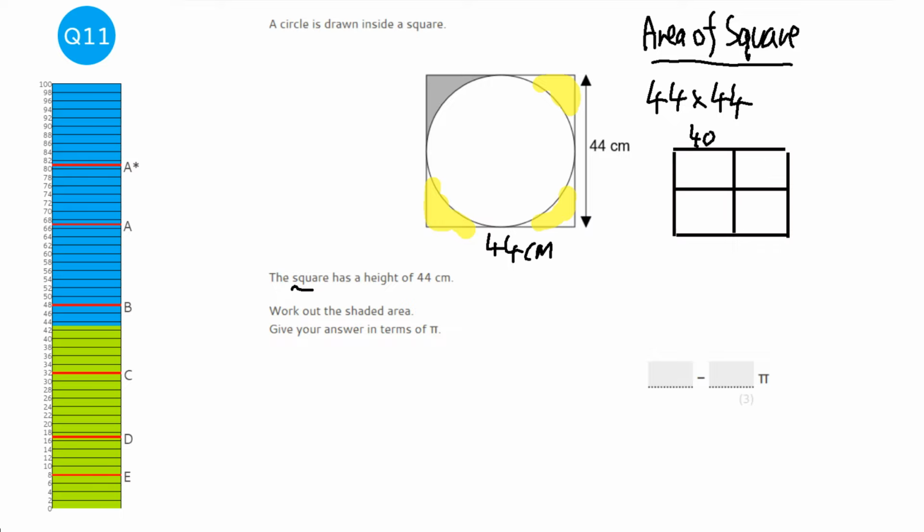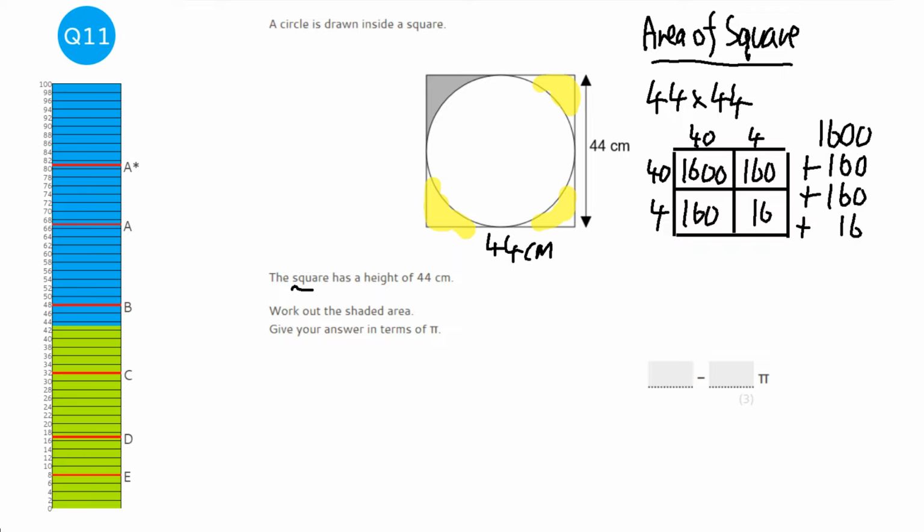So 44 times 44. 4 times 4 is 16. That's therefore going to be 160. That's also going to be 160. And that's going to be 16 with 2 zeros. When we add those together, okay, so that's going to equal 6. 6 plus 6 is 12, plus 1 is 13.